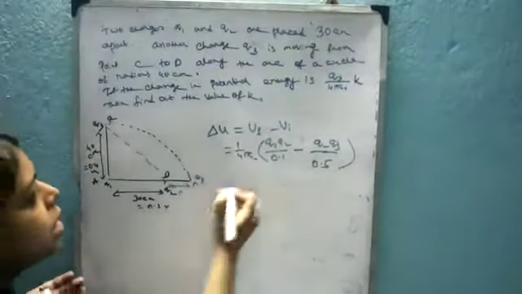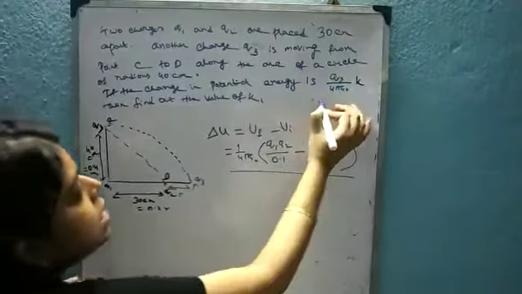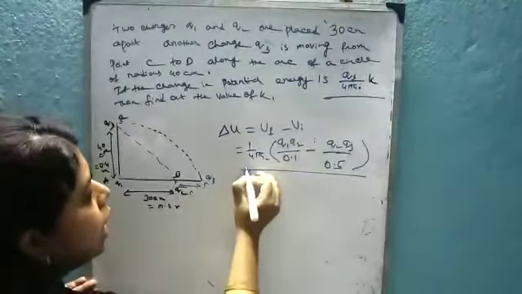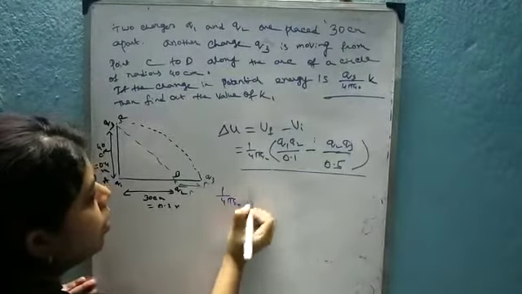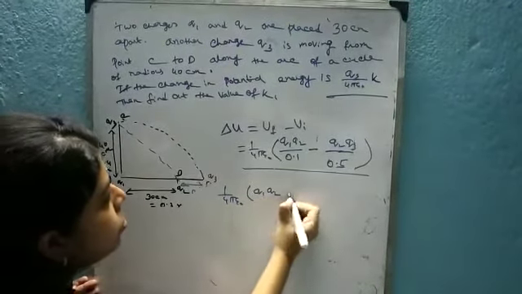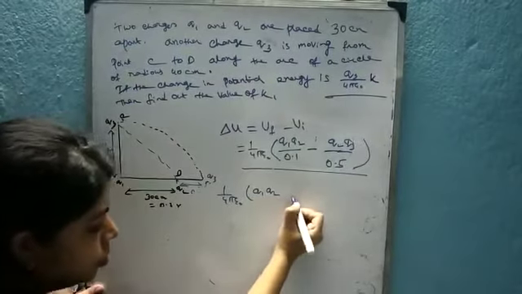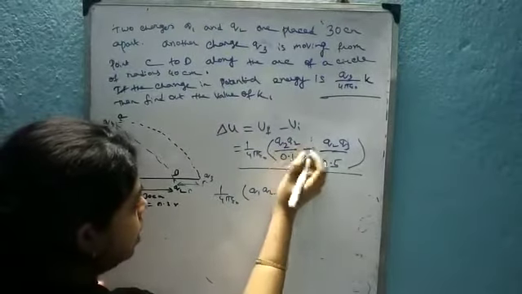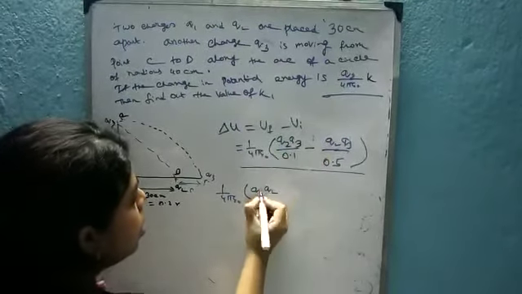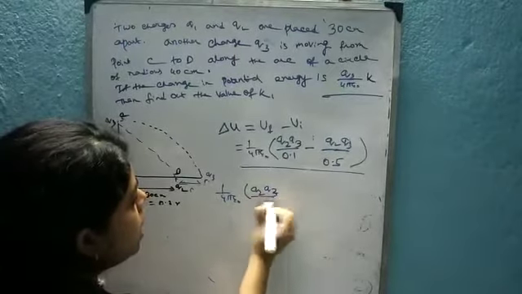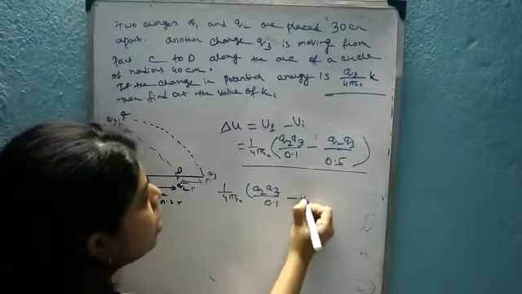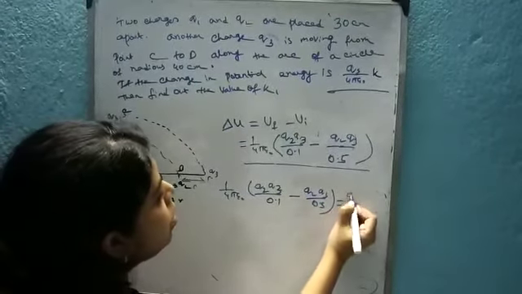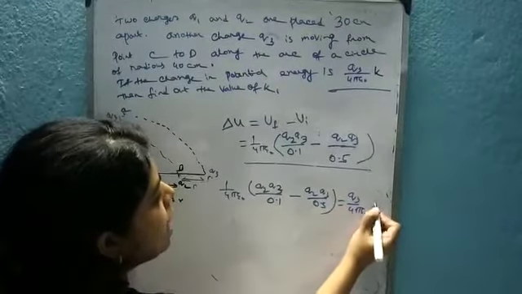Now as per the question, this change in potential energy is equal to Q3 by 4 pi epsilon 0 into K. So we can write Q2 Q3 by 0.1 minus Q2 Q3 by 0.5, which is equal to Q3 by 4 pi epsilon 0 into K.